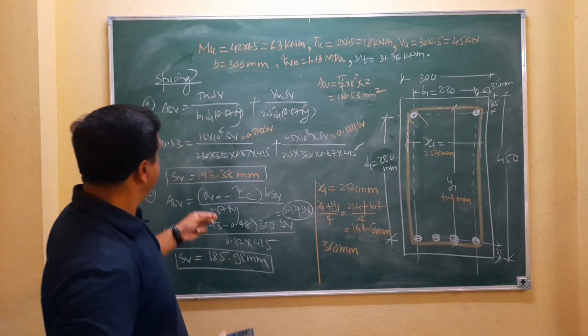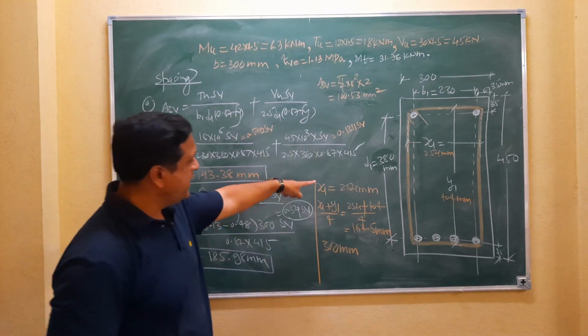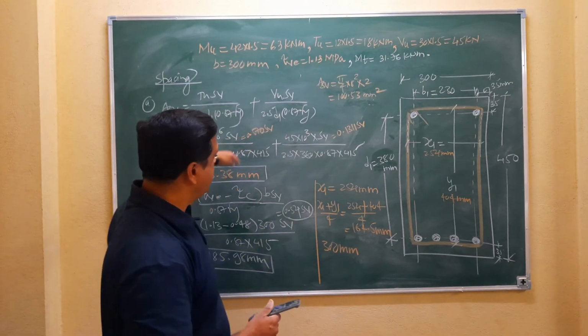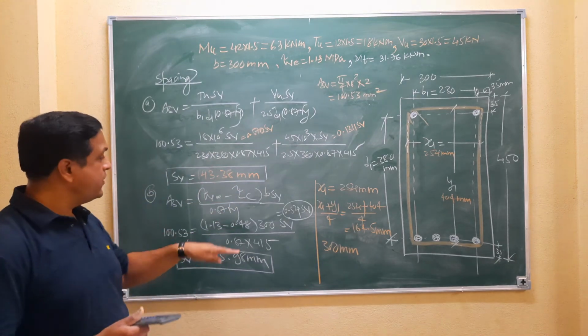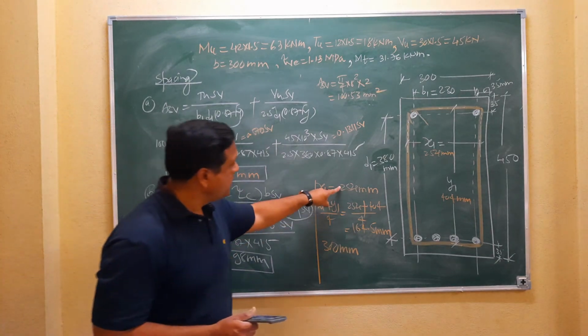So these two calculated values should not be more than these three values. So you have to select the minimum value from these 5 values: 1, 2, 3, 4, 5.